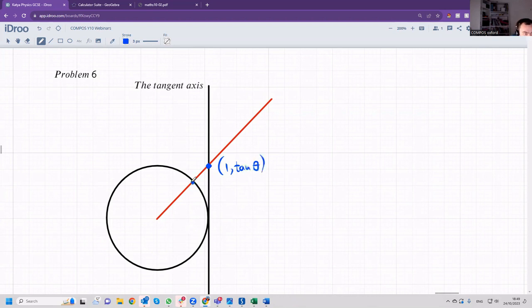So if this angle is theta, and the coordinate of this point is cos theta, comma, sine theta, then the coordinate of this point is going to be 1, comma, tan theta.